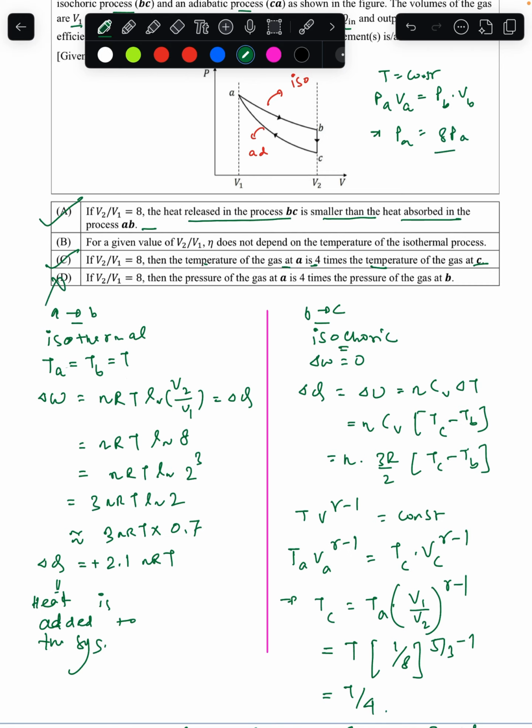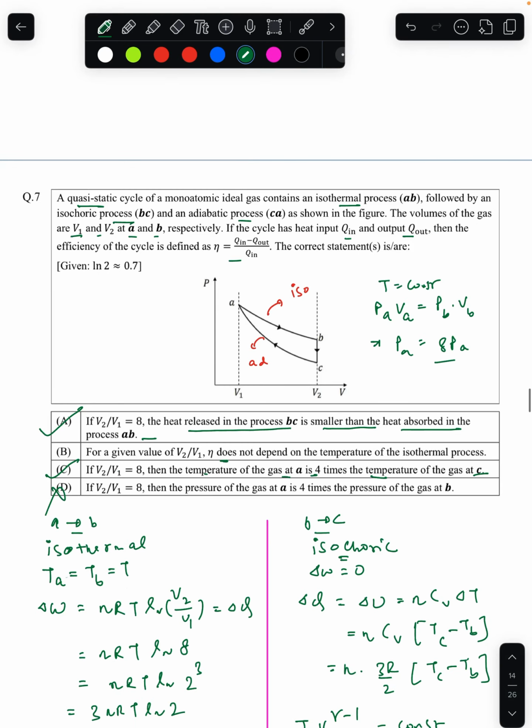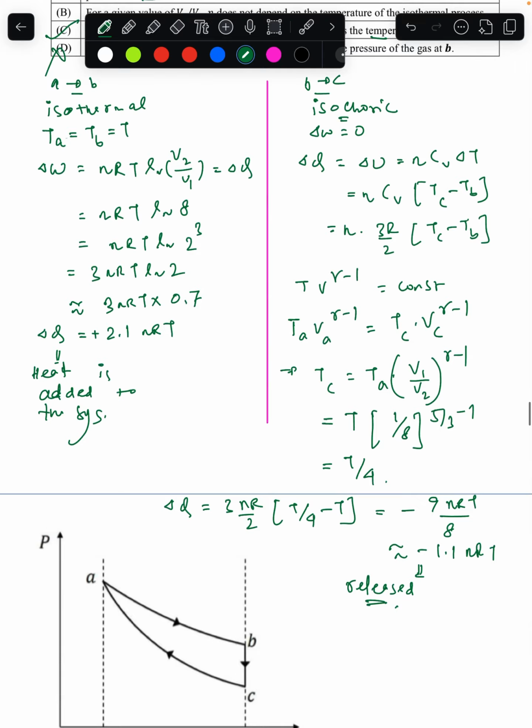So we have only one option to check: for a given value of V2 by V1, we have to check eta. Eta is given to be Q in minus Q out by Q in.